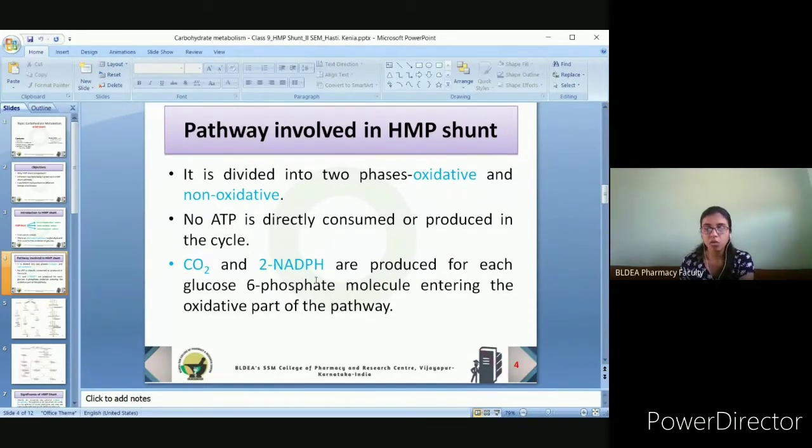So now this glucose 6-phosphate undergoes a different set of series of oxidative and non-oxidative reactions combined, that is nothing but the HMP shunt, resulting in synthesis of carbon dioxide and 2 molecules of NADPH. For each glucose 6-phosphate, there will be 1 carbon dioxide molecule and 2 NADPH molecules. Understood?